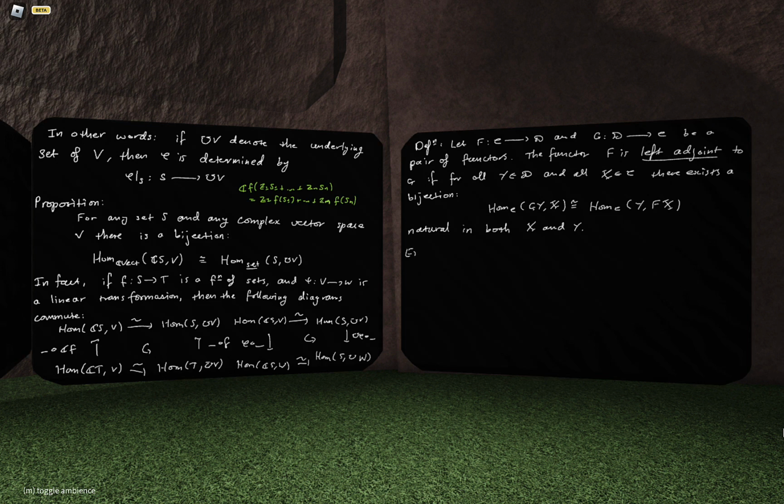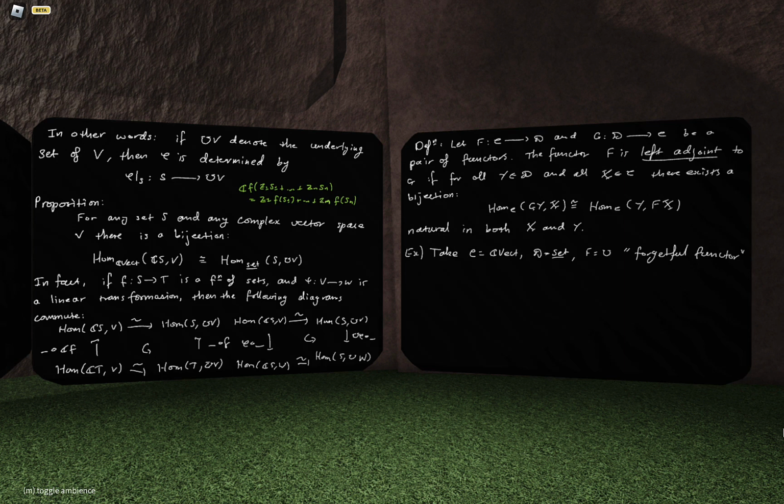Okay. So if we take C to be complex vector spaces, we take D to be the category of sets, we take F to be equal to U, and this is the forgetful functor. Because you forget the structure.